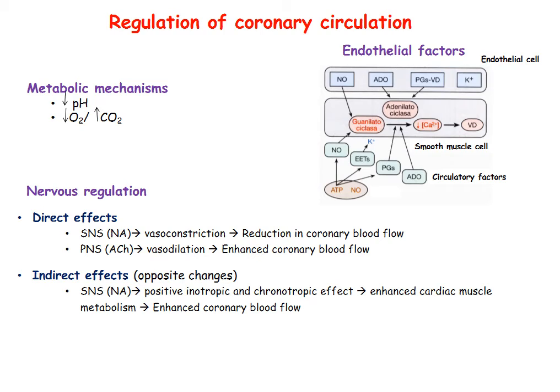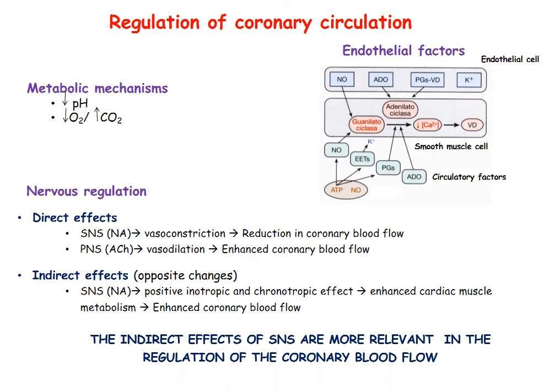This will produce a decrease in oxygen and pH, and consequently the sympathetic nervous system will indirectly produce an increase in coronary blood flow. The indirect effects of the sympathetic nervous system are more relevant, more potent in the regulation of the coronary blood flow.